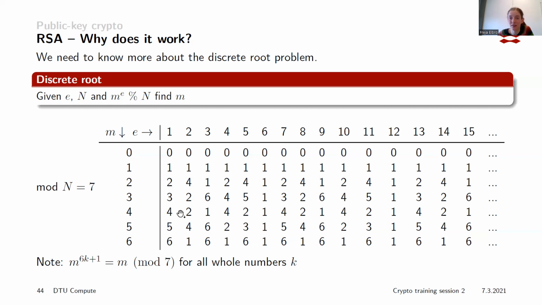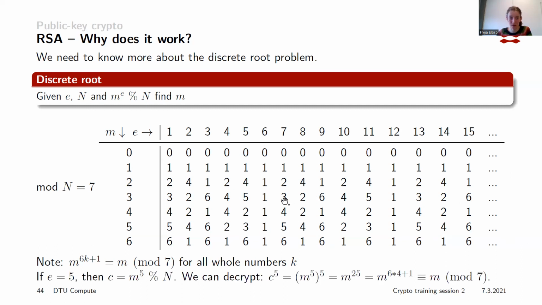And then in the next column, I get m again. So all of these columns here, like 7, 13, the next one is going to be 19, 18 plus 1 is 19, and so on. All of these columns, I'm just going to have m. And this is what I'm going to use for decryption.